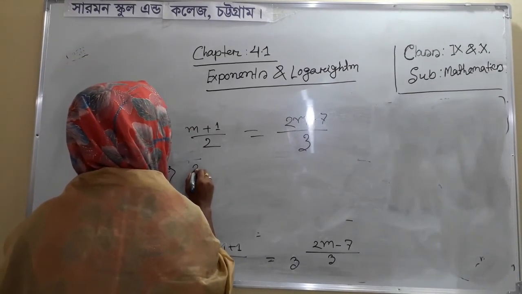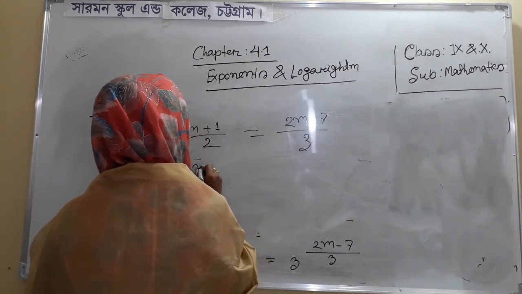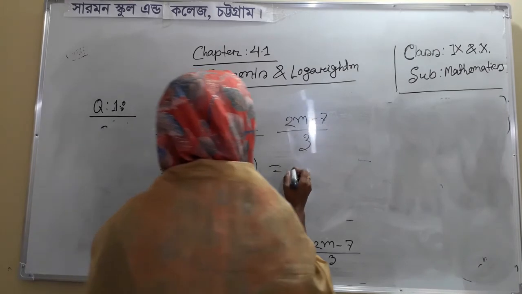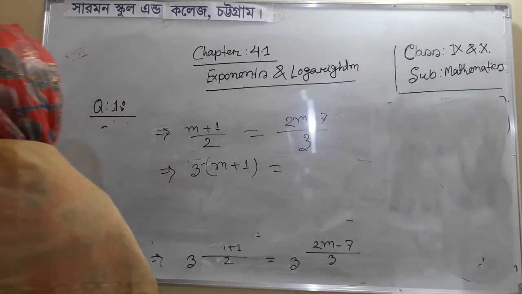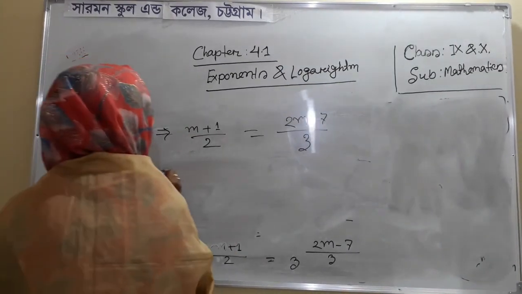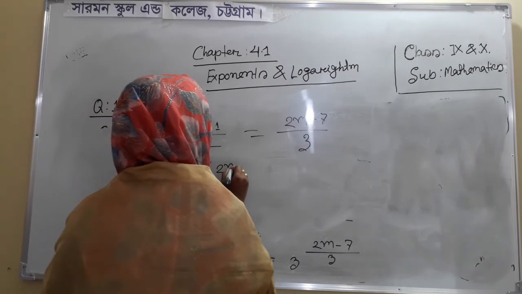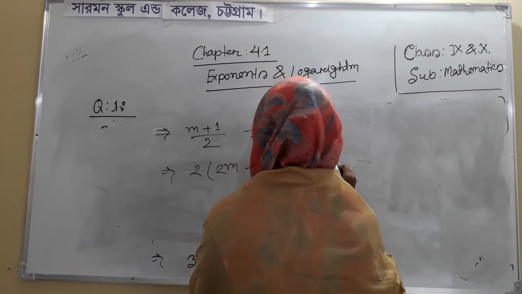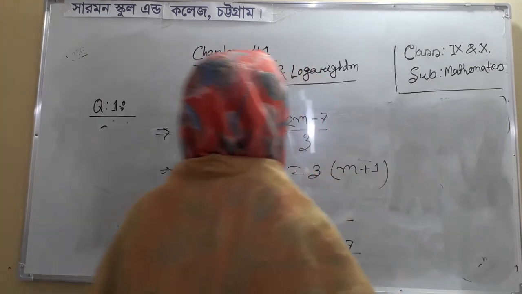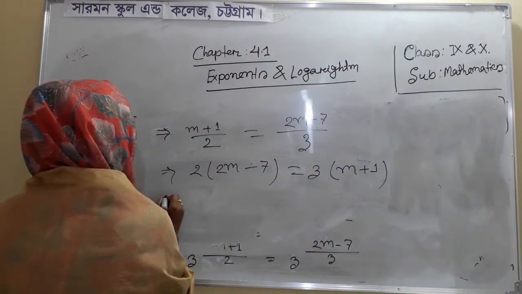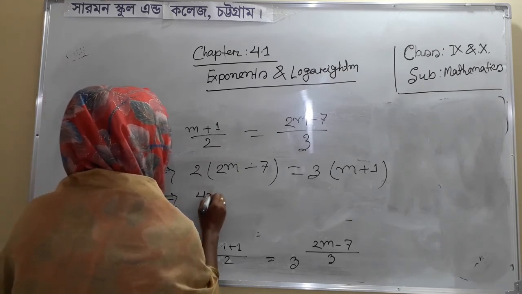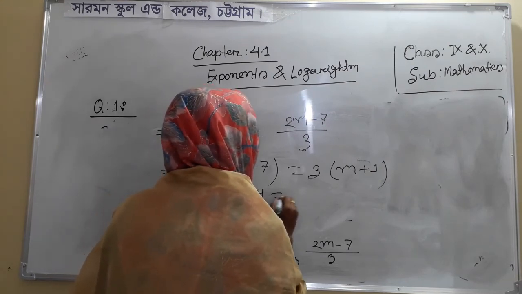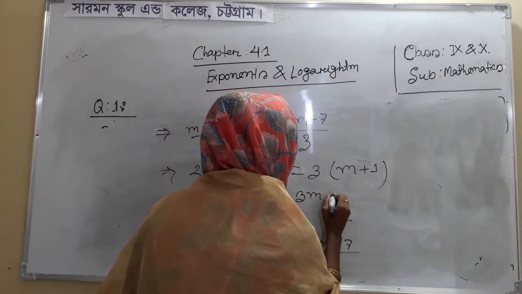Now 3 into m plus 1 equals 2 into 2m minus 7. So 3 into m plus 1 equals 2 into 2m minus 7, which gives plus 3.